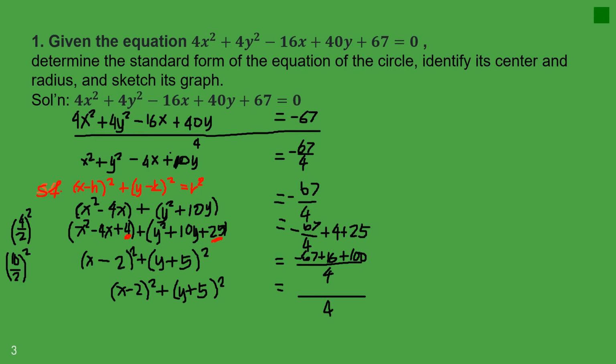this is over 4, and that's 49. Negative 67 plus 16, may verify, so that's negative 67 plus 16 plus 100. So that's equal to 51.